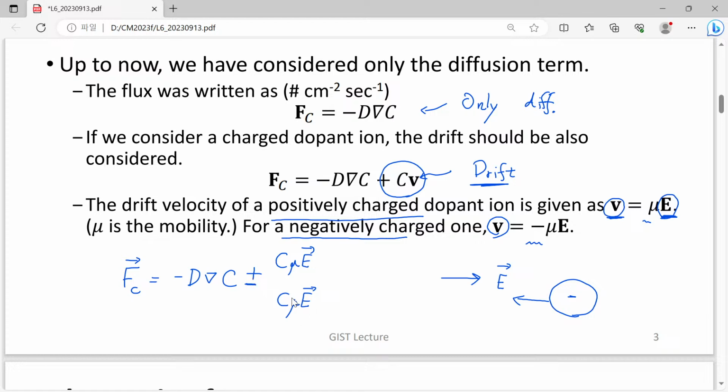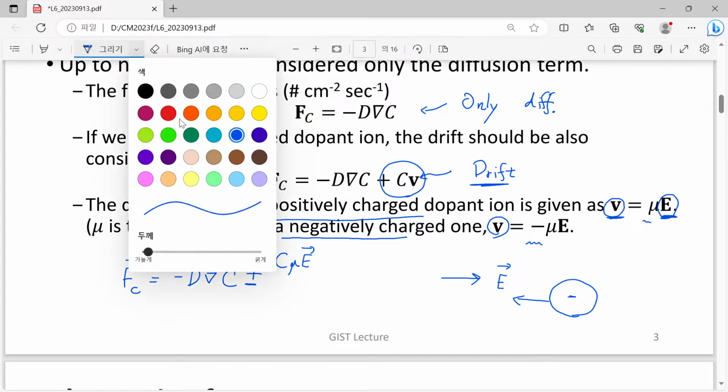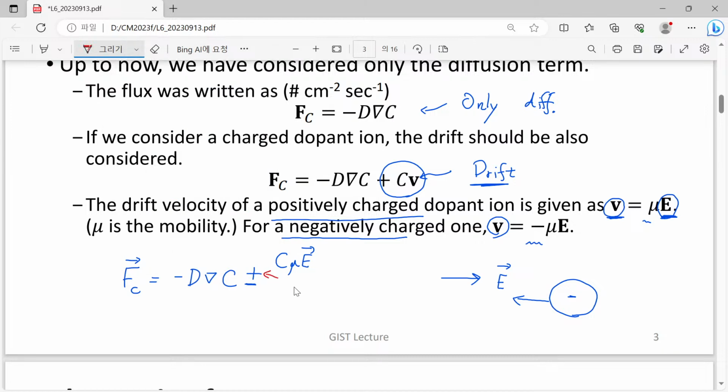Please note that when we write it this way, we assume that the upper one, for example the positive sign in this case, is for a positively charged dopant ion, and the negative sign is, on the other hand, for a negatively charged dopant ion.